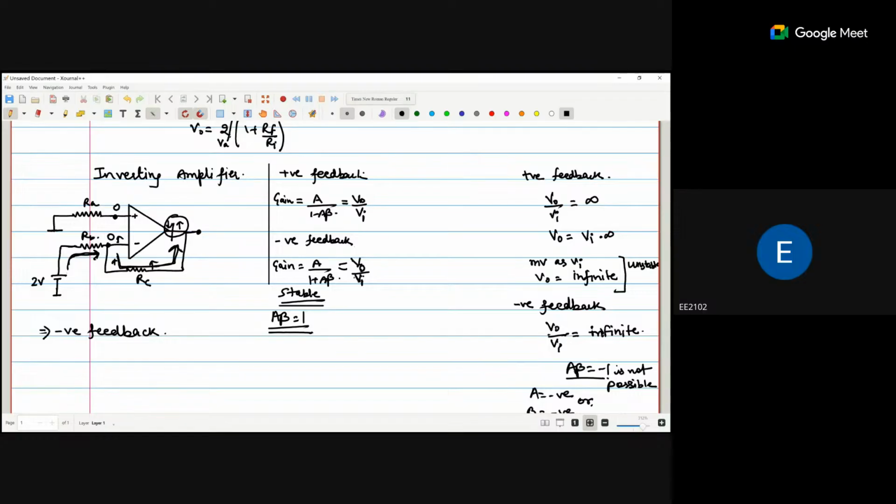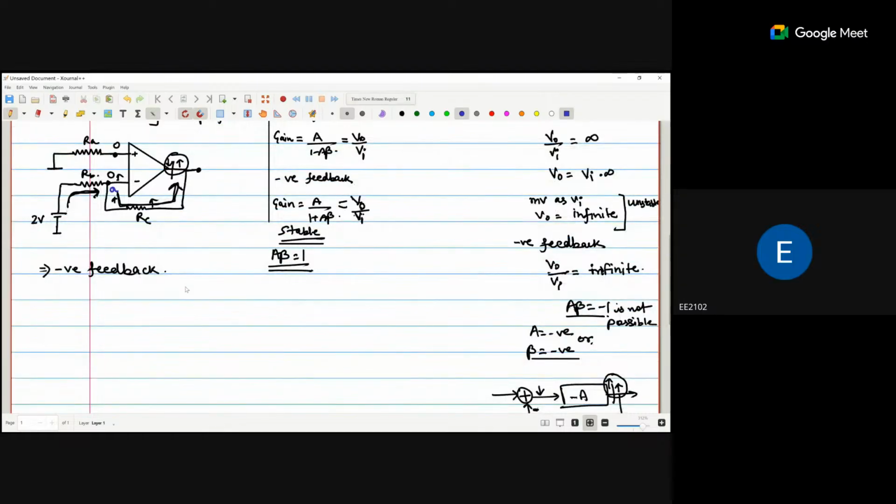So what is the equation at this node? If I say this is the node A, apply the KCL. The incoming current I1, the outgoing current I2, so I1 is equal to I2.